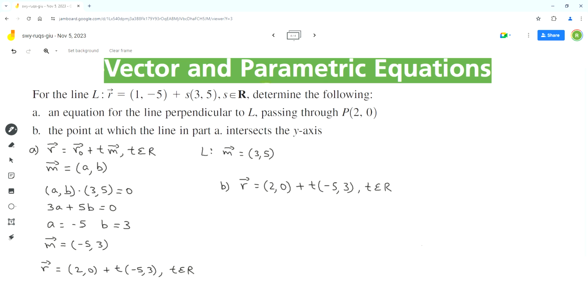We should change this vector equation into parametric equations to find the point of intersection with the y-axis. We should multiply the vector (-5, 3) by the parameter t. So we multiply both components by t.